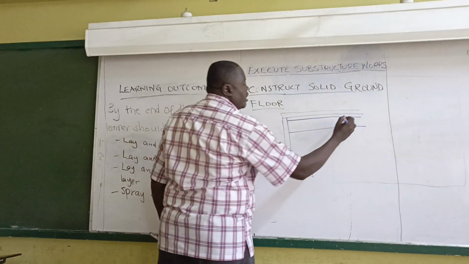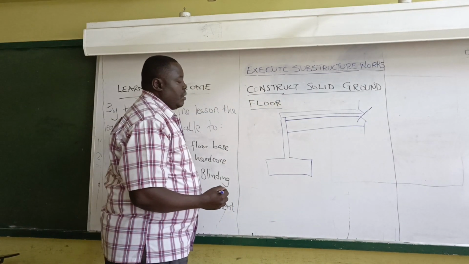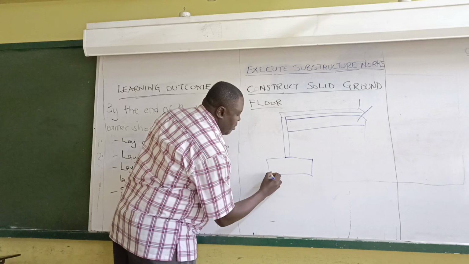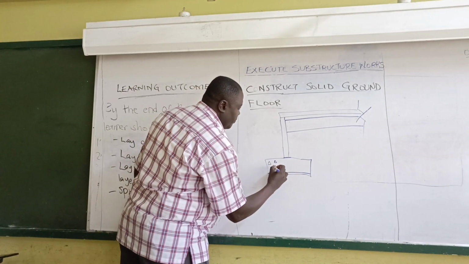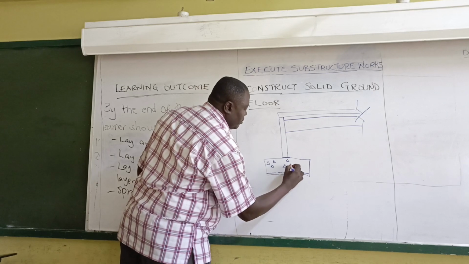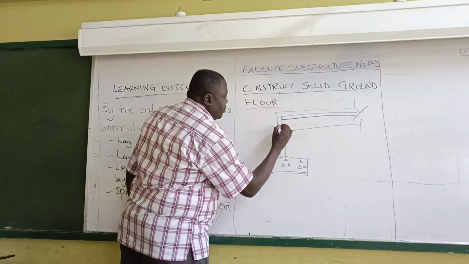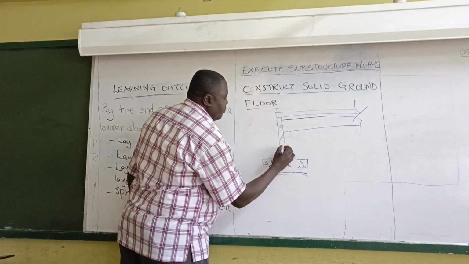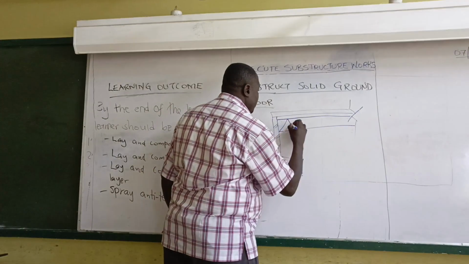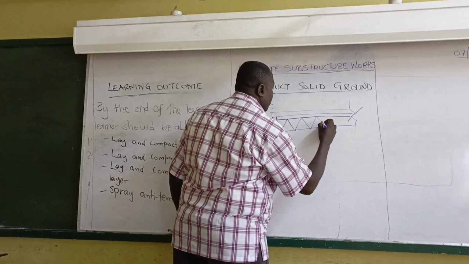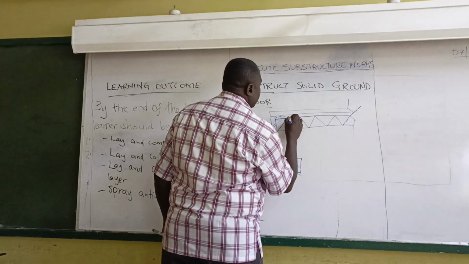So our foundation looks like this. This is the foundation, this is the foundation wall, and this is the undercore. And this is the blinding layer.